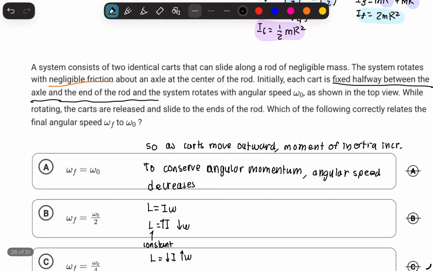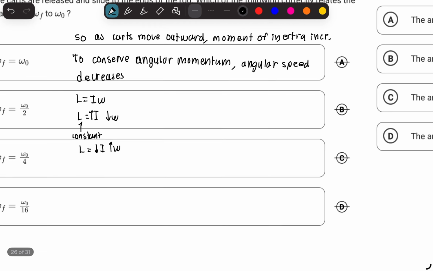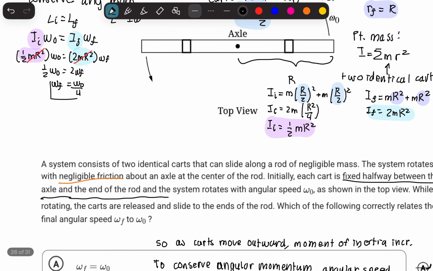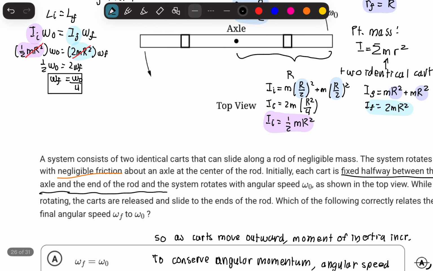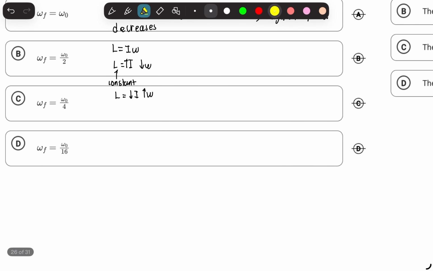So that means that omega F is going to equal omega initial over 4, which is what we got here. So we can just erase this and highlight our answer.